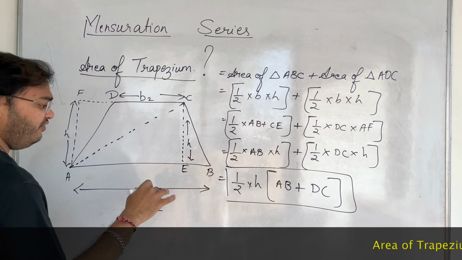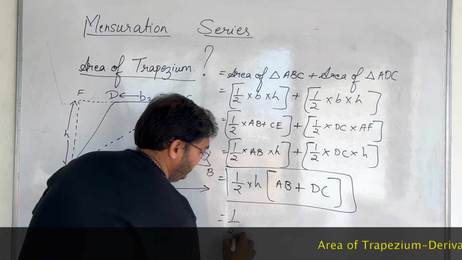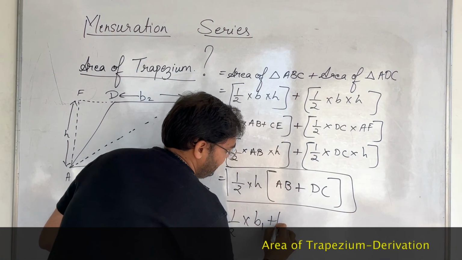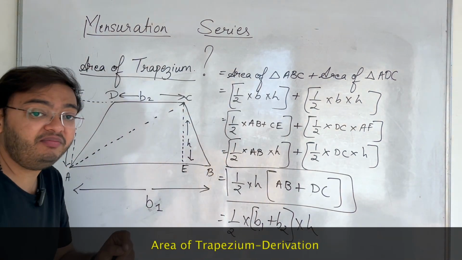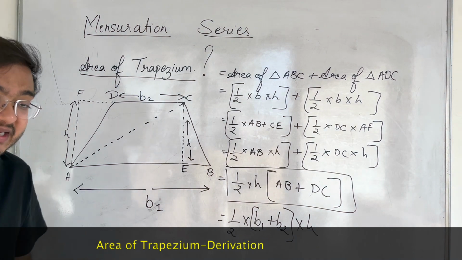So if I rearrange this formula, that is half into base into height. This is the formula of the area of a trapezium.